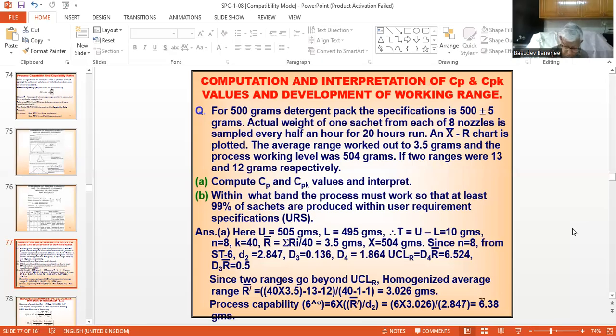Can some of you read that question? Yes, one of you read that question. Example 4 you are talking about. Example 9.4, example 4, yeah. Computation of CP and CPK and their interpretation. Some of you read that. So now Zankana madam, can you read?